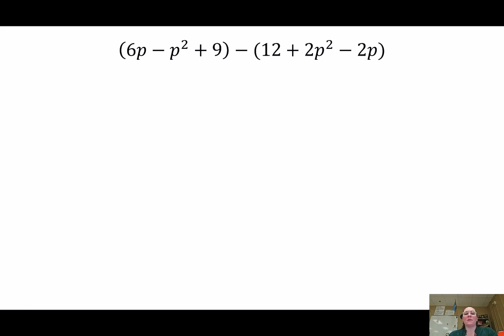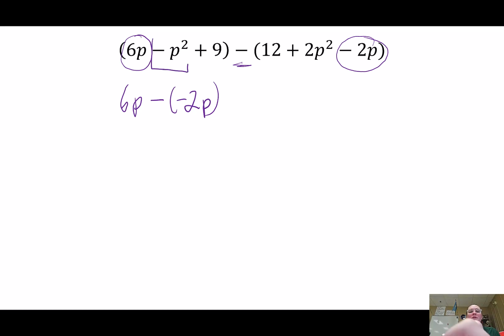So I've got 6p minus p squared plus 9, minus 12 plus 2p squared minus 2p. So notice we are minusing here, right? So I'm going to look for, are there any other p's in this one? Yes. So I've got 6p minus a negative 2p.